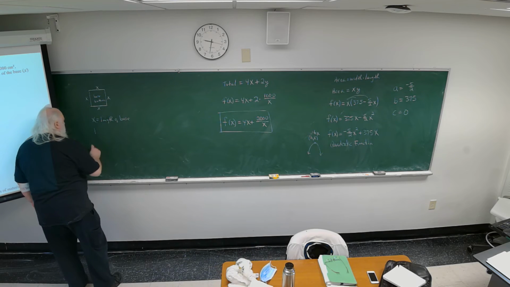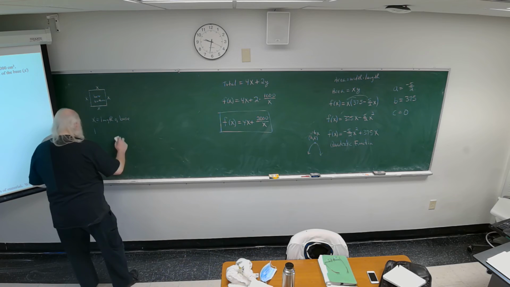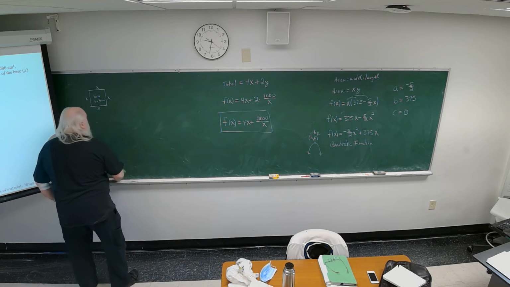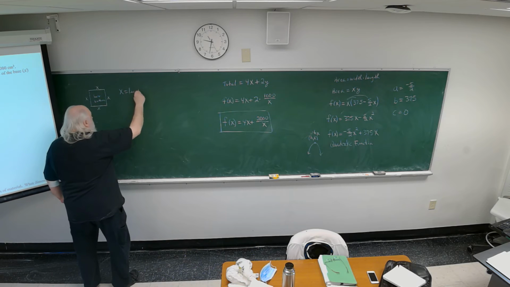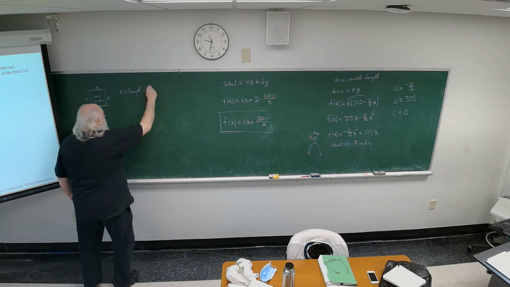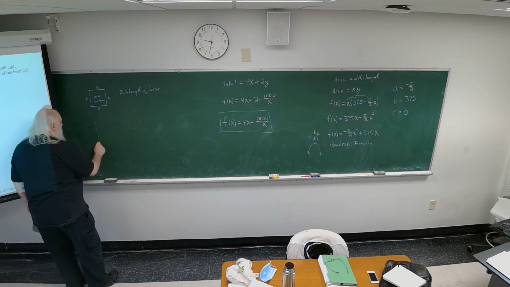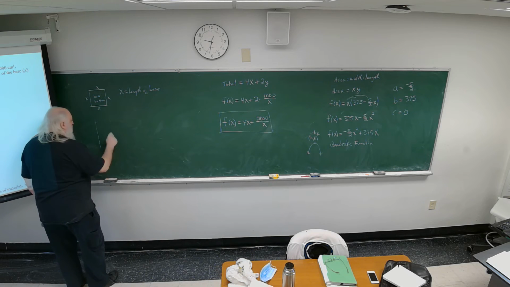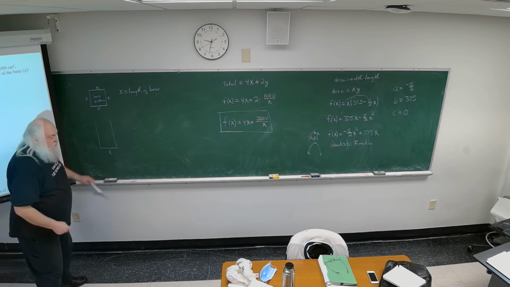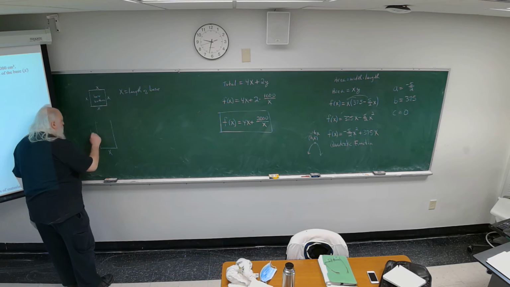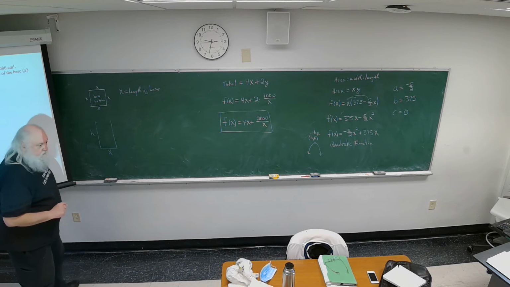And h is the height of the box. So this is one side of our open box, right? It's x wide, and it's h tall, and there's no top.